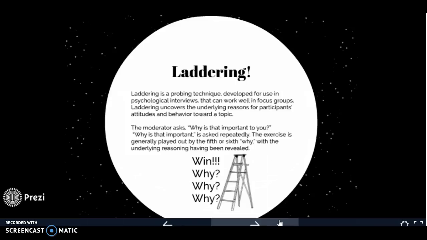And they will be like, for example, that it doesn't spill, right? And then you will be like, okay, why is it important for you? And they will say, yeah, because it's very annoying that it spills everywhere, blah blah.